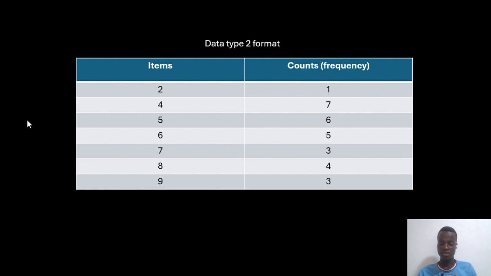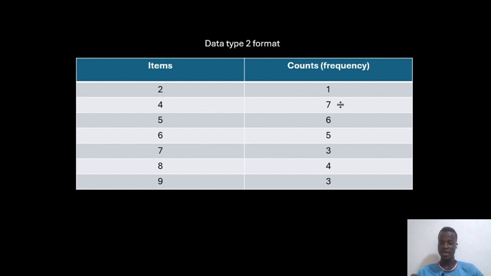In our frequency, we can see there are numbers there, and from them there's definitely one or two that are at the top, the highest, right? So in our counts, which of them has the greatest count? If you look at 1, 7, 6, 5, 3, 4, already 7 is the greatest number here.